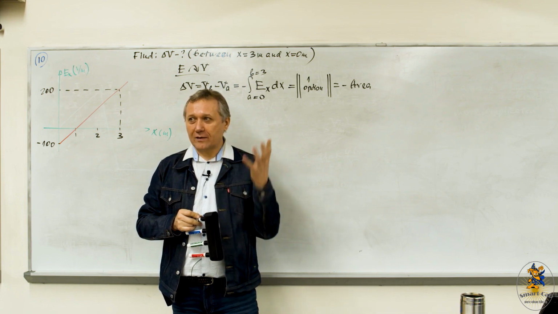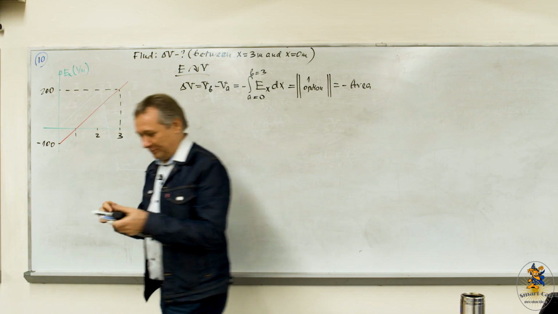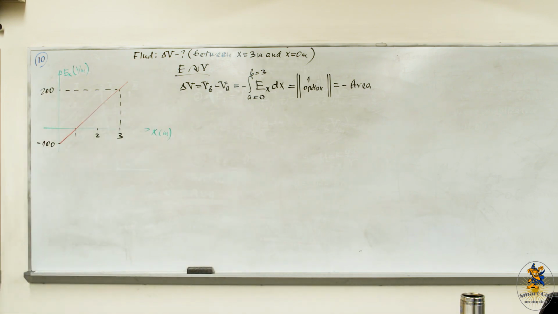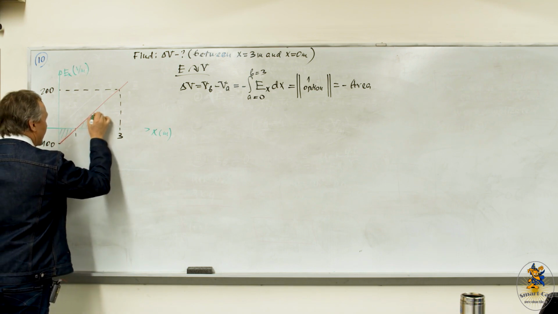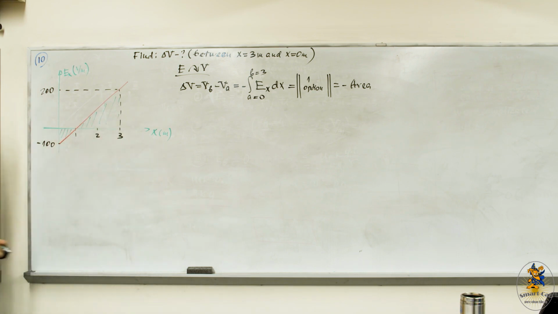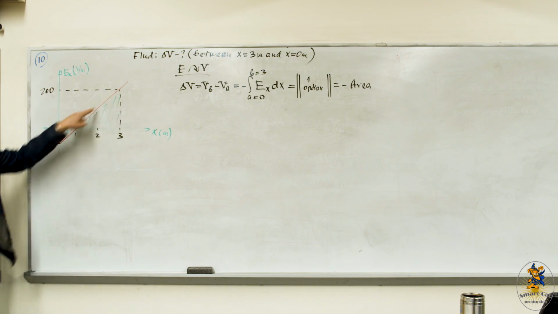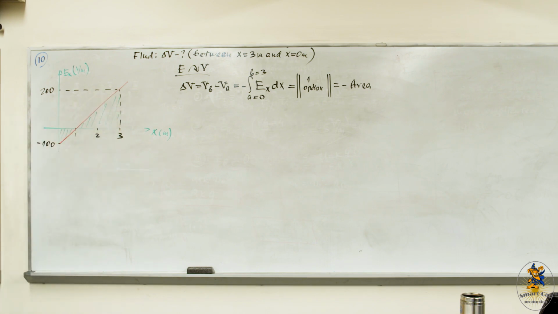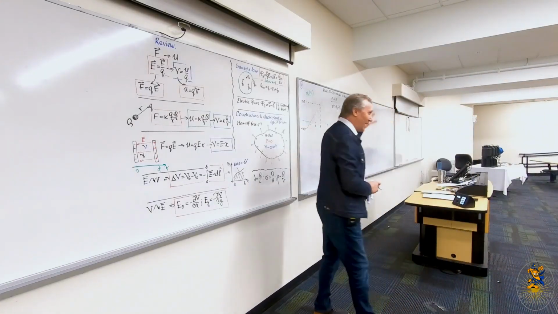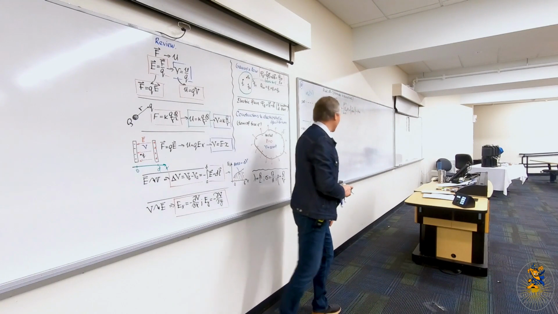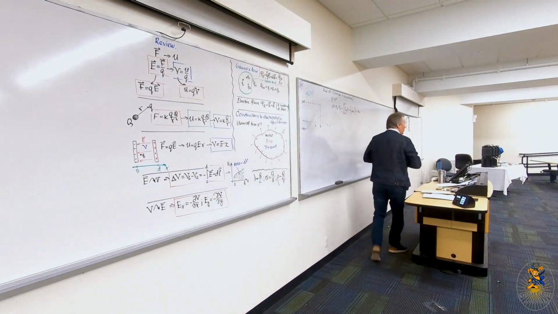I remember a few students in the past who just drew this line and tried to calculate this other area, which I never even thought about. So it's between the line and the x-axis, right? That's the graphical interpretation of an integral.